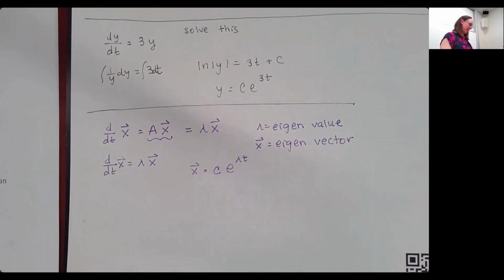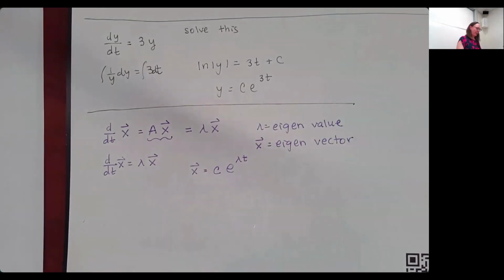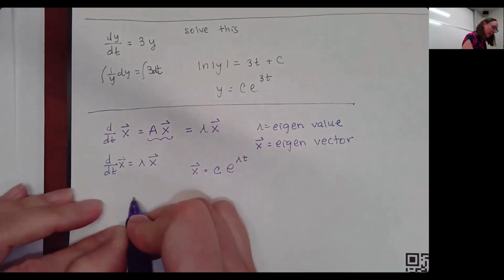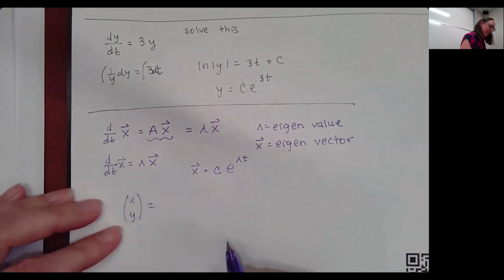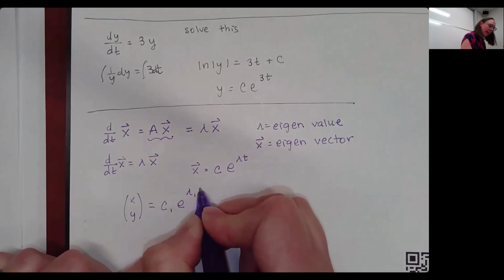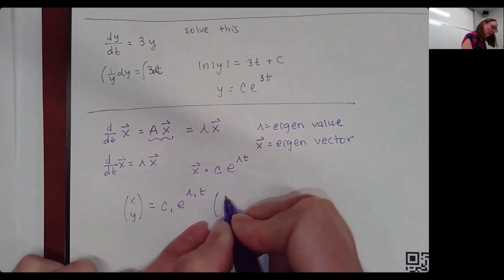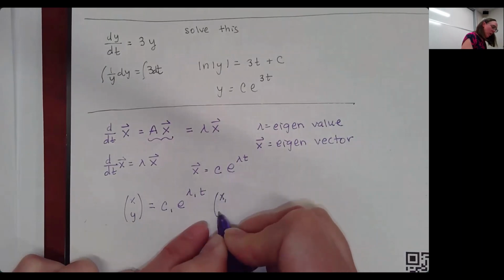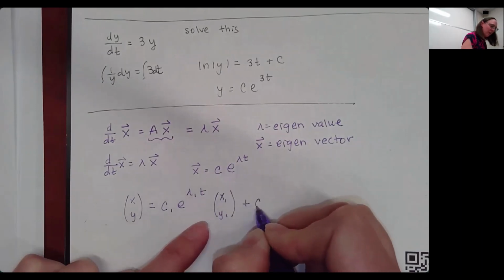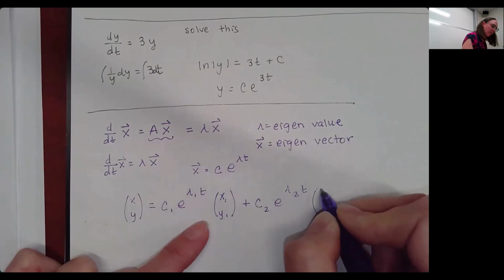So generalizing this, and I'm sure that Dr. Thomas will spend more time actually proving this out, I'm going to skip to the thrilling conclusion: if we generalize this, we're going to have one constant associated with our first eigenvalue and eigenvector, so I'm going to call that x1, y1. And we're going to have a second part associated with our second eigenvector.